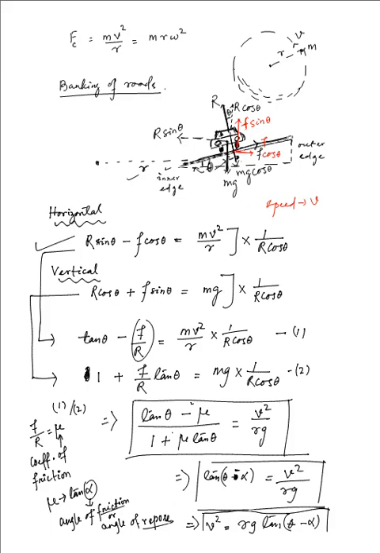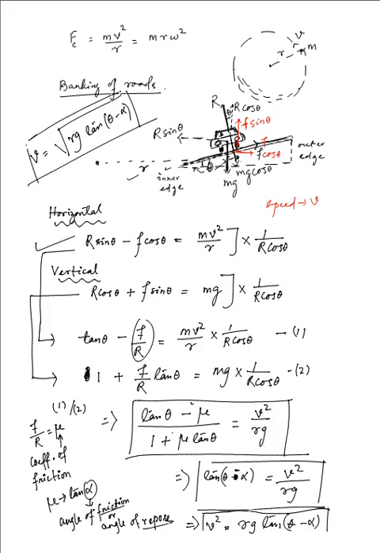That means, let me write it over here. v is simply equal to the root of r times g times tan theta minus alpha, which is giving us the expression for the speed. Now this is a generalized formula.